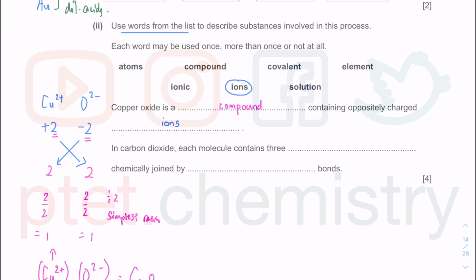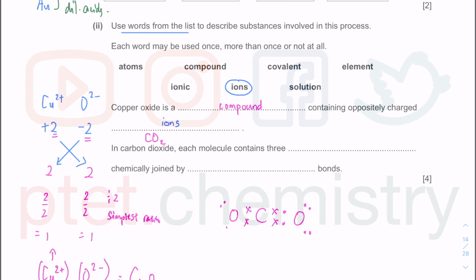In carbon dioxide, as part of your biology respiration topic, you breathe out carbon dioxide, 1 carbon and 2 oxygen. In the outer shell, carbon has 4 valence electrons, oxygen has 6 valence electrons, and after you use 2 for sharing, you still have 4 more of these dots in the outer shell.